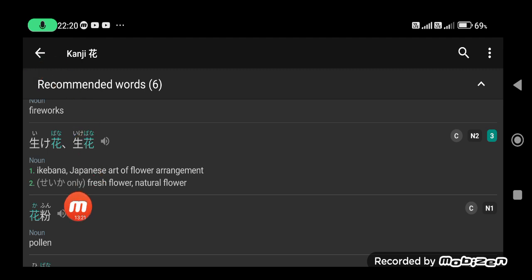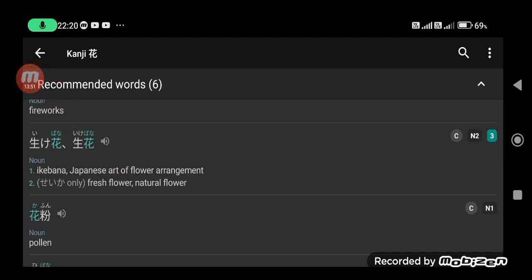And take note, ikebana was formed as a fukugogo from the stem of ikeru. You get the extracted stem of ikeru, which is an ichidan verb: ike, plus hana, ike plus hana, ikebana.